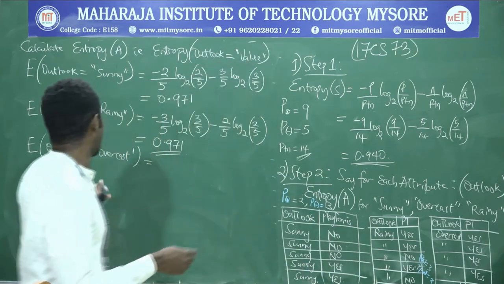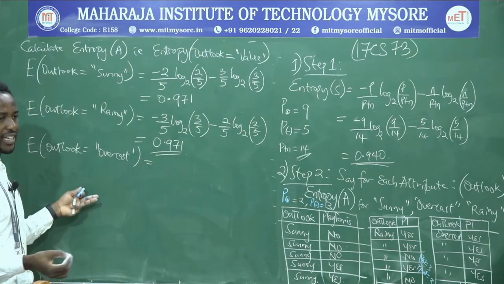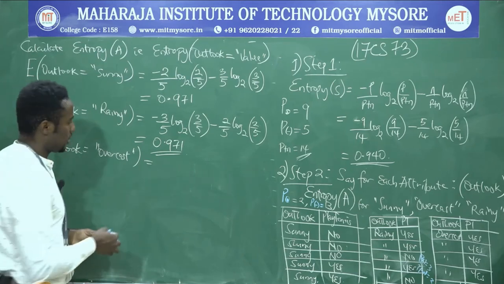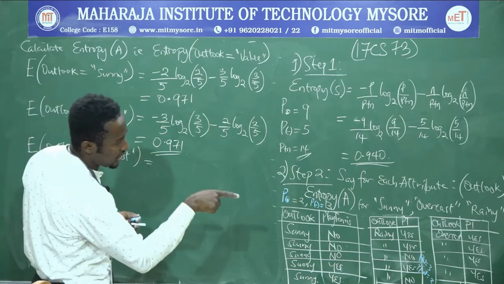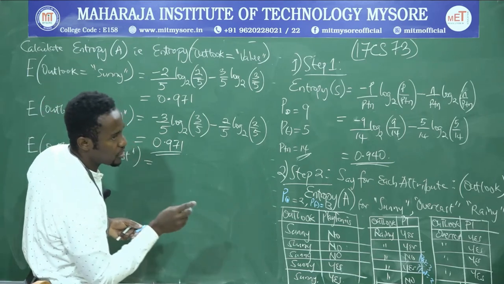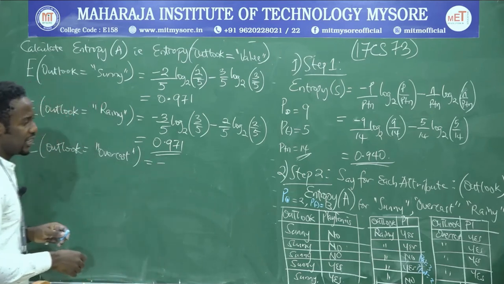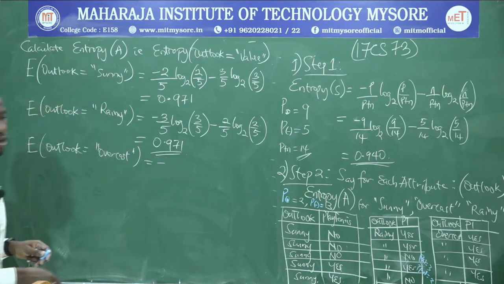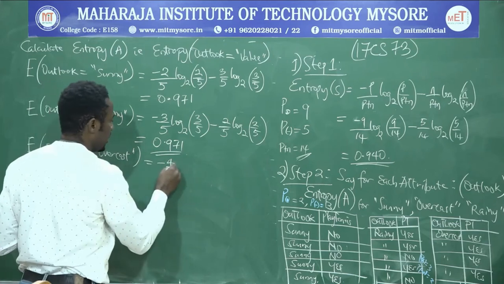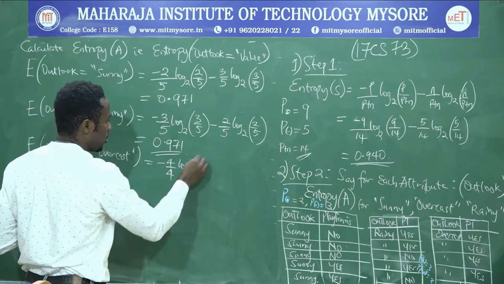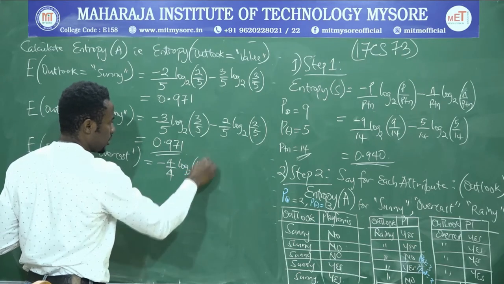Here we don't need to compute this, but if you like, you can compute it, and the entropy is 0. Let's check. Since there are no negative examples, only positive are there. So we have minus 4 upon 4, which is 1, log base 2 of 4 upon 4.